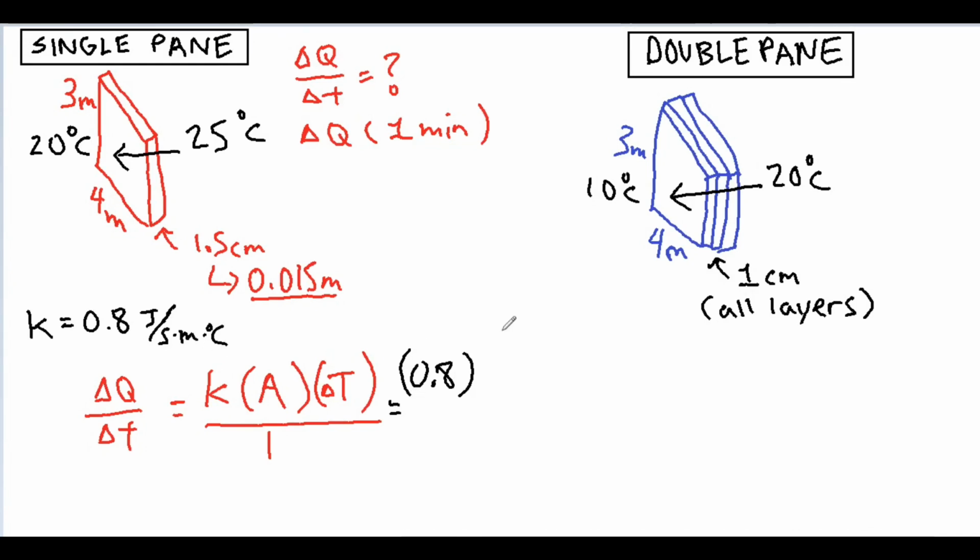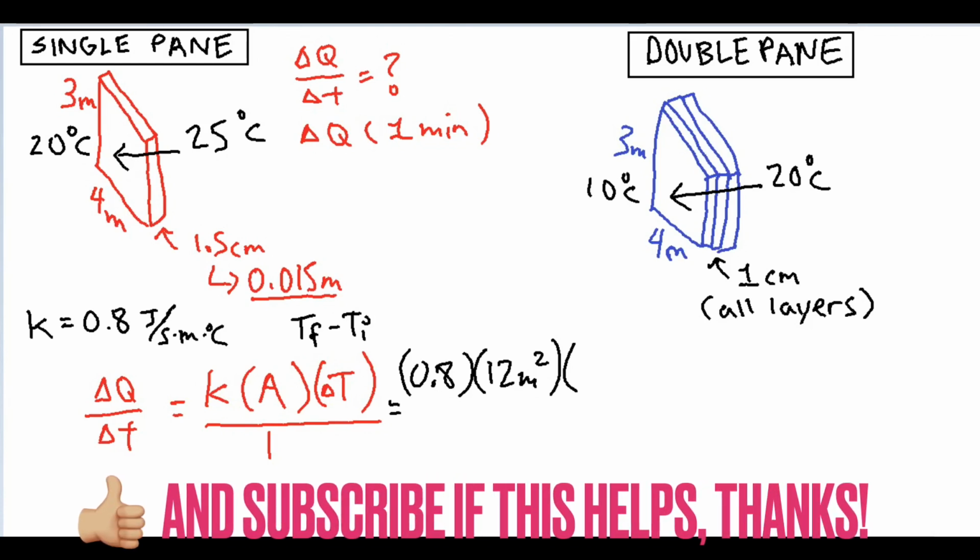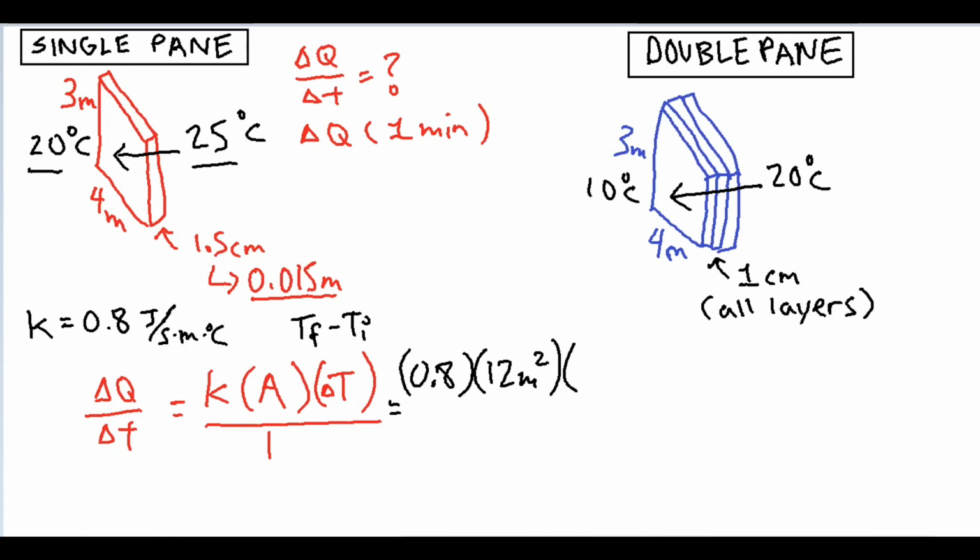And then we also have our cross-sectional area. It's just 3 times 4 to give us 12 meters squared. And then our delta T is always final minus initial temperature. In this case, there's not much of a final and initial. You just have a region that is hotter, the 25 degrees, transferring heat to the region that is colder.